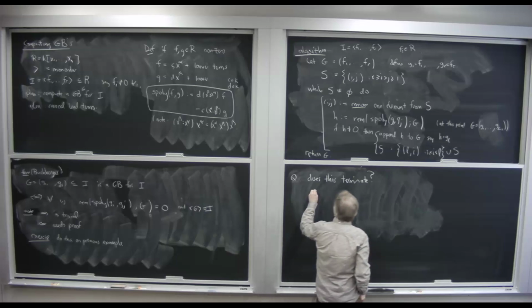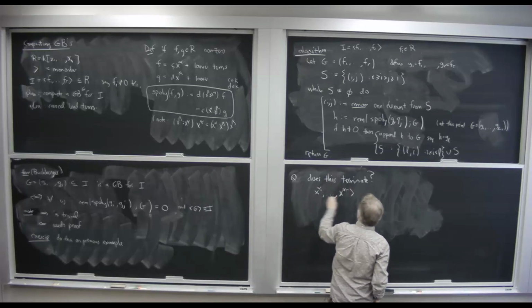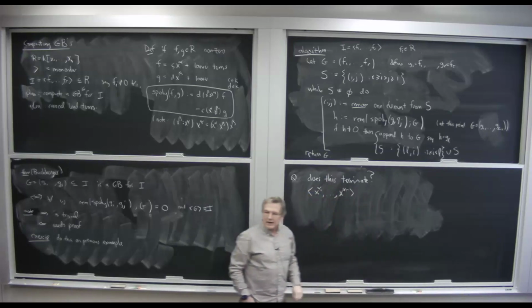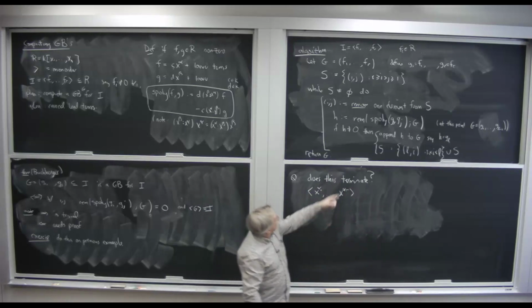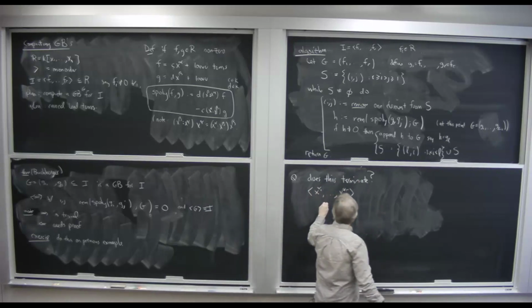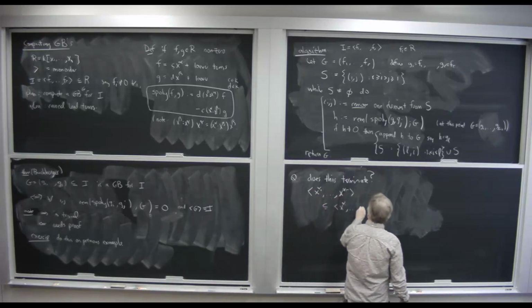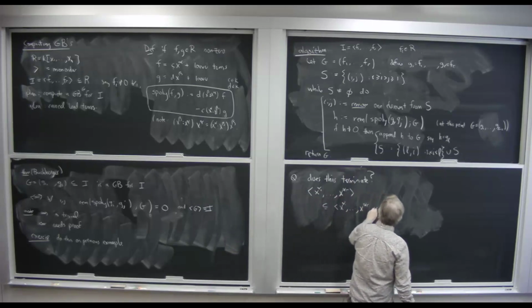So what do you have here? I'm going to say I have x to the alpha 1 up to x to the alpha r. That's some monomial ideal I start with, right? And then after I add the next one, if h is non-zero, that's a new monomial that's not inside of here. So this is contained in x to the alpha 1 up to x to the alpha r, comma x to the alpha r plus 1.